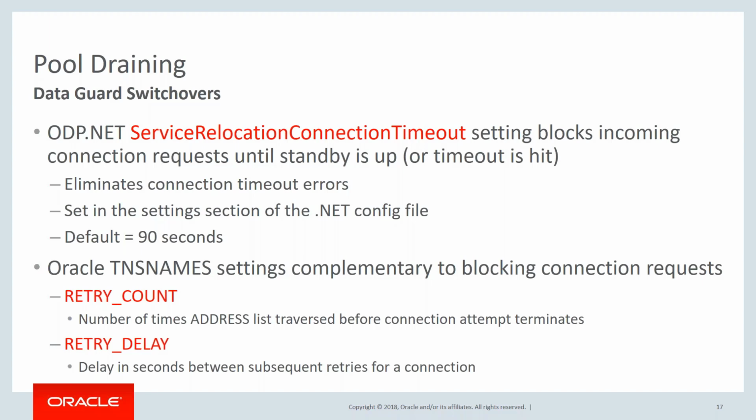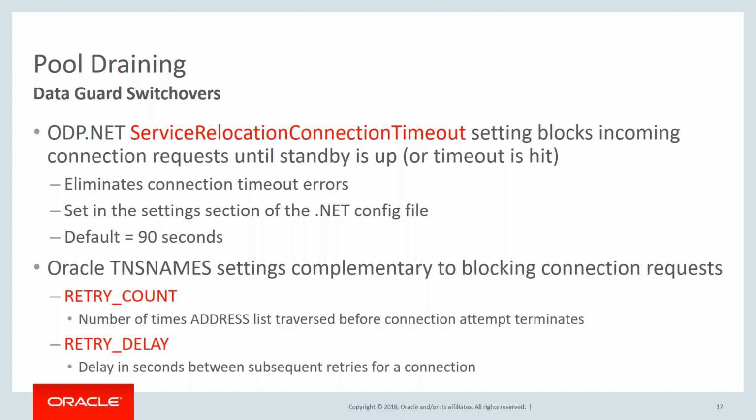A couple more pieces I wanted to introduce to you are the retry count and retry delay settings. These can also be used hand in hand, and they can enhance your service relocation connection timeout or your wait time. So after the SRCT or wait time expires, you can use these retry count and retry delay settings in your TNS names in order to start trying to access the standby database.